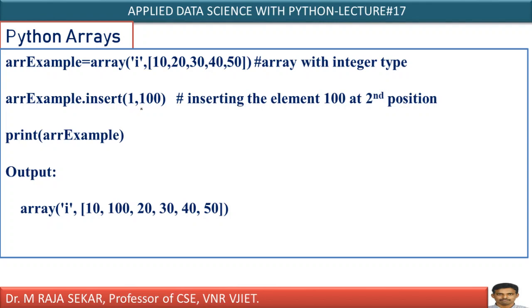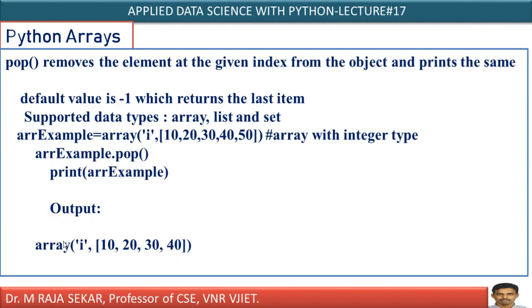Insert x comma y means y is inserted at index x, so 100 is inserted into index 1. This is the 0 index element, this the 1 index element. In the place of 20, this 100 will be inserted. Therefore 10, 100, 20 will get displayed, isn't it? Insert is a function which inserts the element at a particular position. We discussed that in previous lectures also.